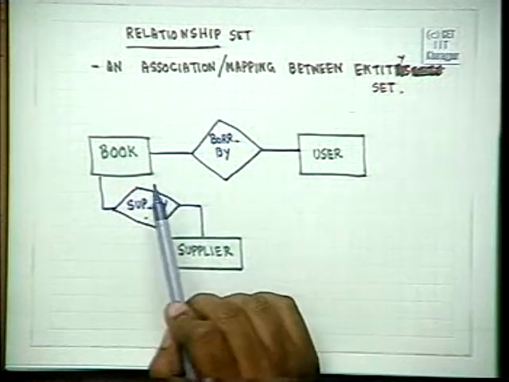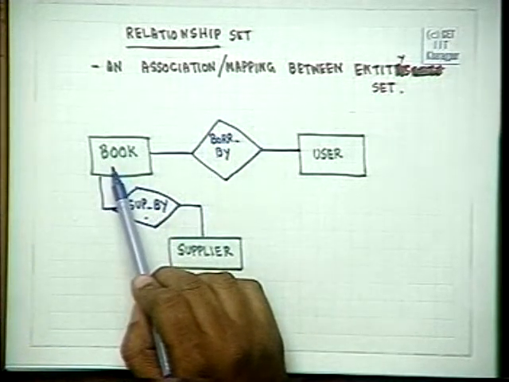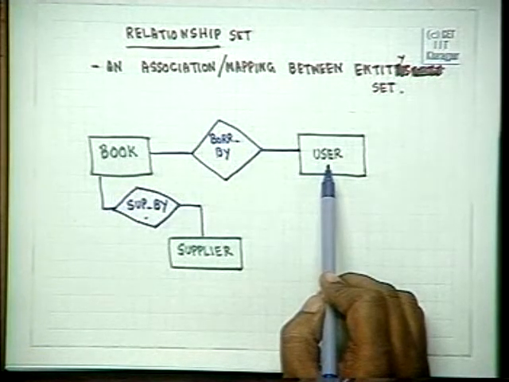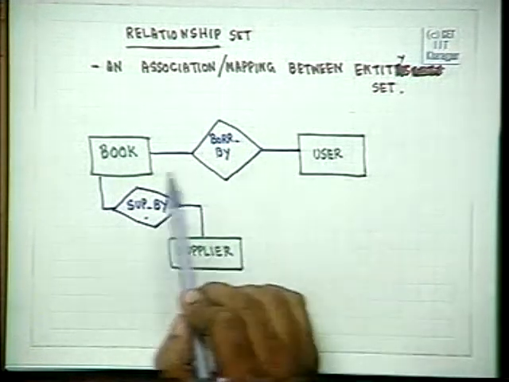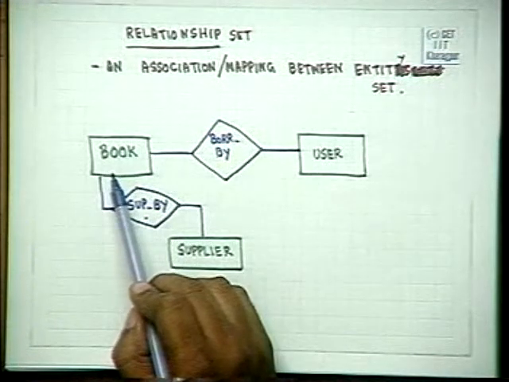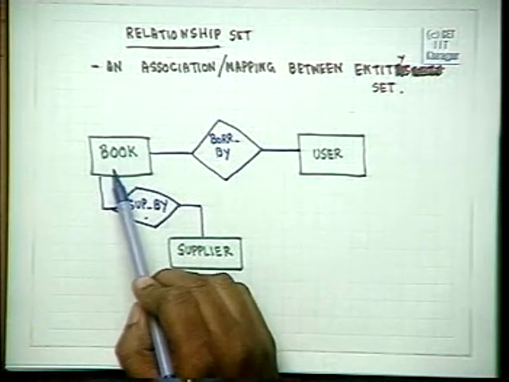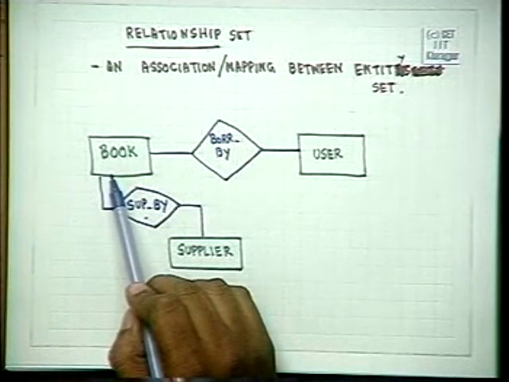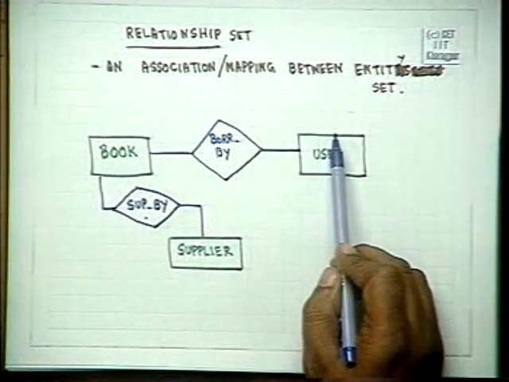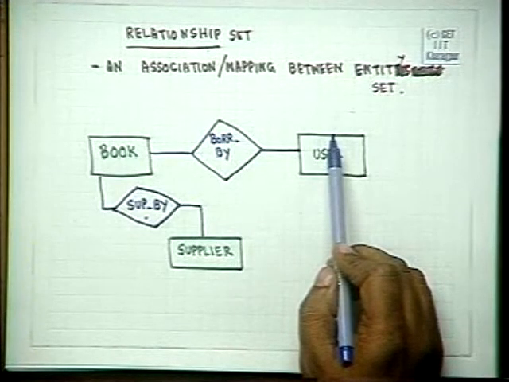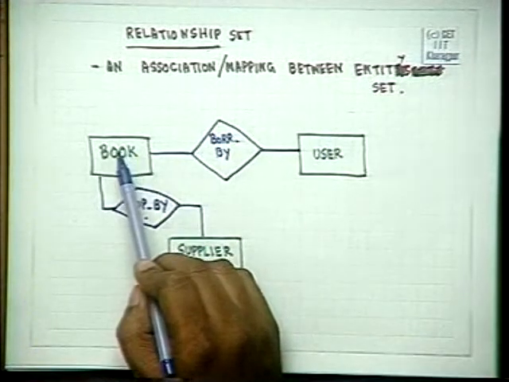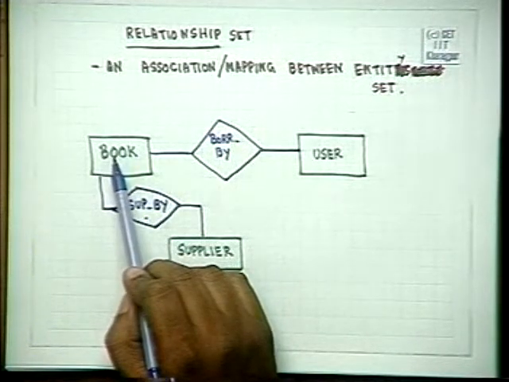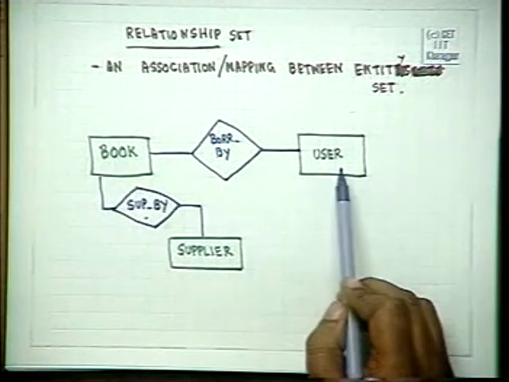For example, Aho Sethi Ullman may have been borrowed by Ajay Kumar Singh. A copy of Compiler Design by Holub may have been borrowed by Pramod Kumar Rai. Another copy of Aho Sethi Ullman may have been borrowed by myself, P.P. Chakravarti.